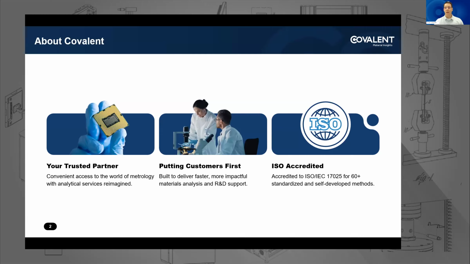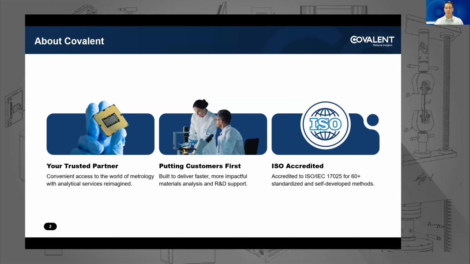On the screen are three high-level things that we want our customers to know about the services we provide. We want to be your trusted partner. We want to provide convenient access to metrology and analytical services. And although that field and industry has been around for a while, we're constantly working to improve how that whole service is provided and how we deliver the results, the quality, the speed.